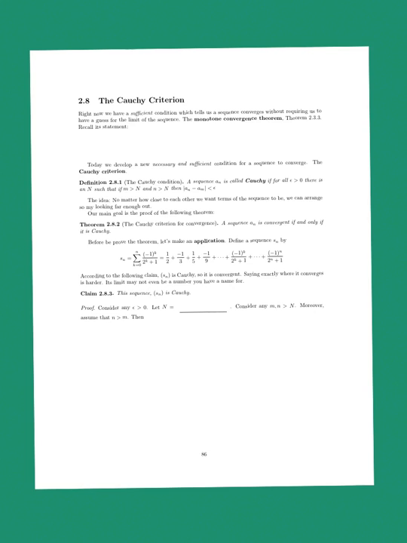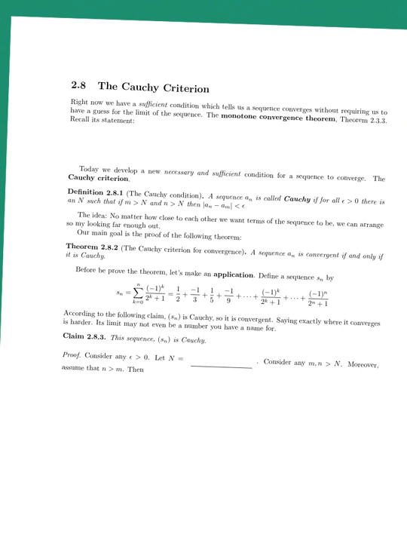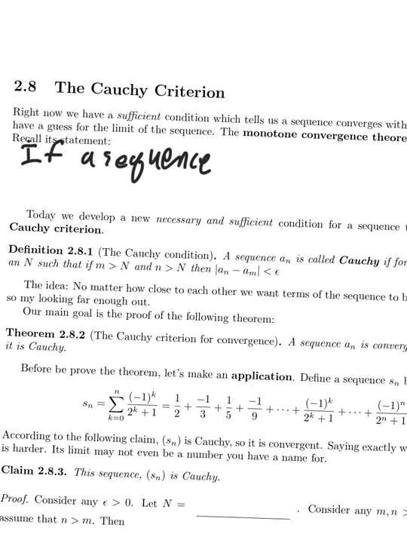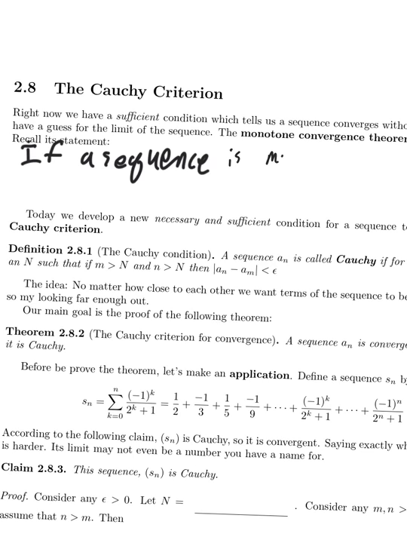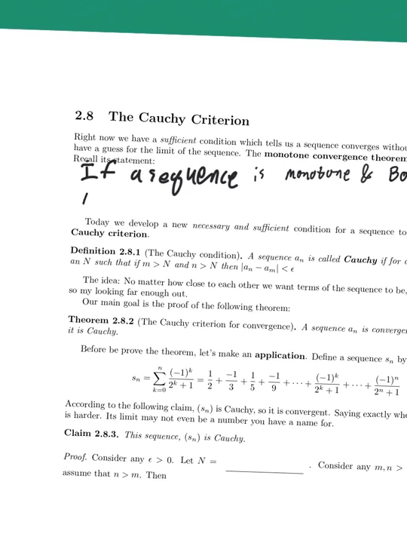And that's the monotone convergence theorem, which says, informally, no, this is fully formal: if a sequence is monotone and bounded, then it converges.